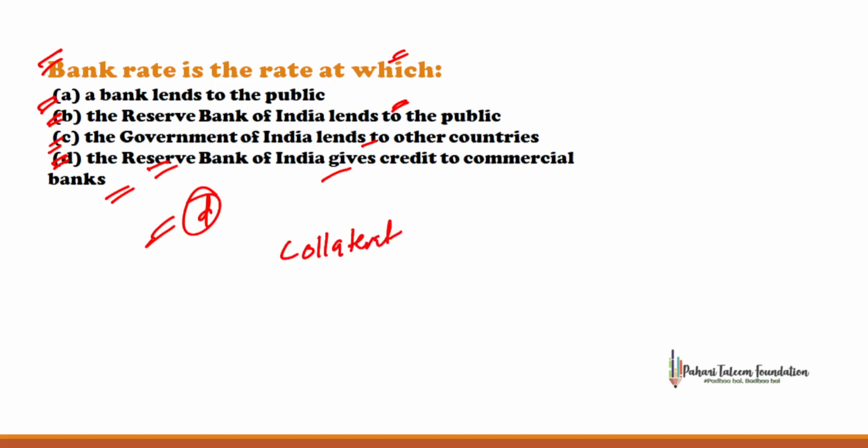So the bank rate is the quantitative credit control measure under the monetary policy of the government, and it is used to control the overall supply of money in the economy. Okay. So it increases at the time of inflation to reduce the total money supply in the economy, and decreases at the time of deflation to increase the total money supply in the economy.